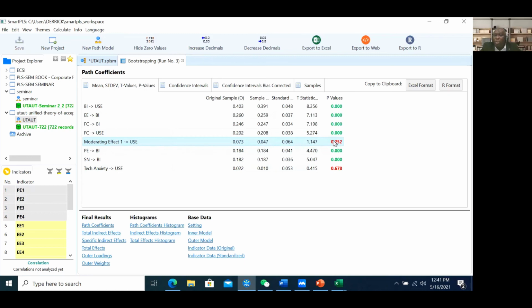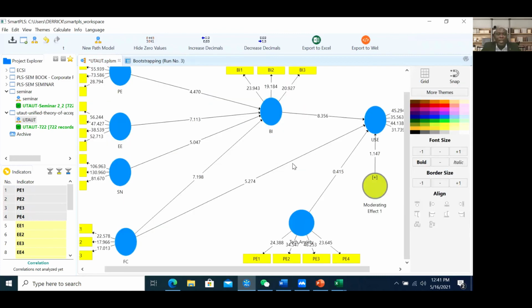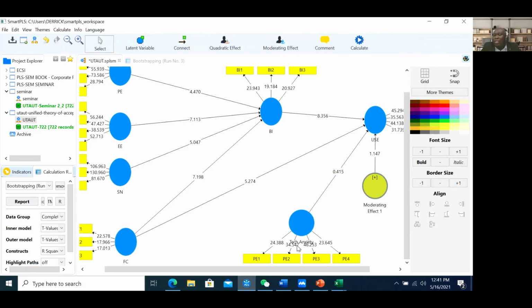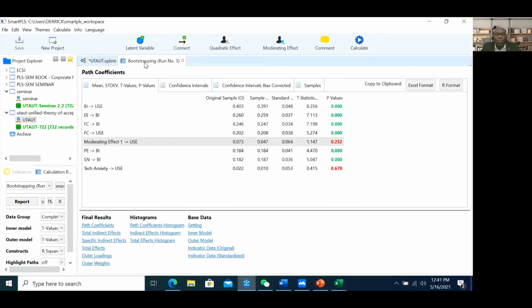Okay, so once it's above, basically there's no moderation. I mean, the moderating effect is not statistically significant. So there's no moderation. So basically, technology anxiety does not moderate the relationship between behavioral intention and actual use behavior. Basically, that is it. Okay, good.